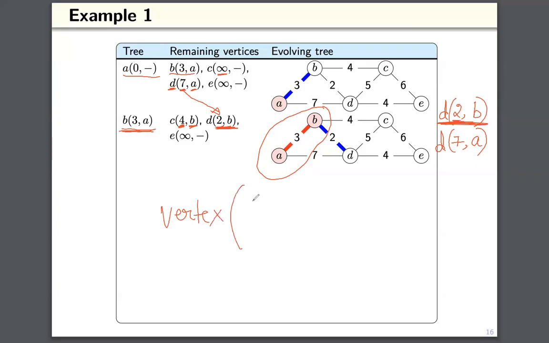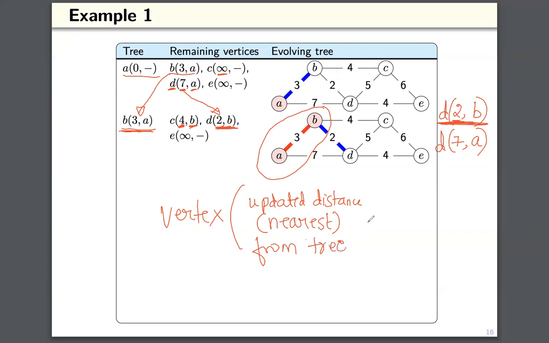You have already found the shortest. Yes, we have pulled in B, but now we are updating all the distances. This is the updated distance. You can say it is the nearest distance from the tree.